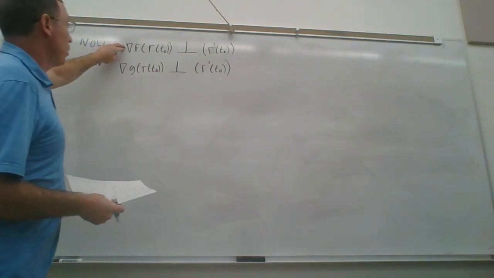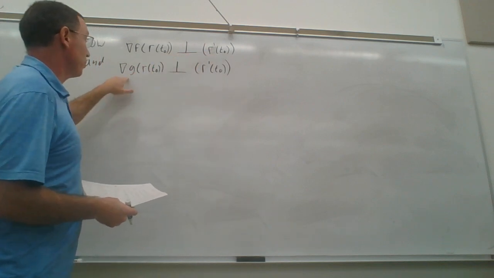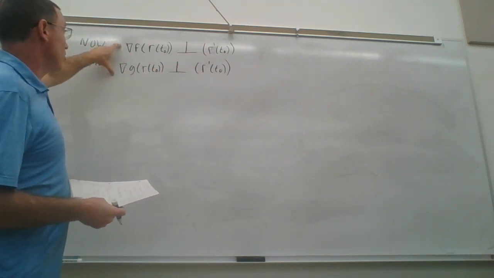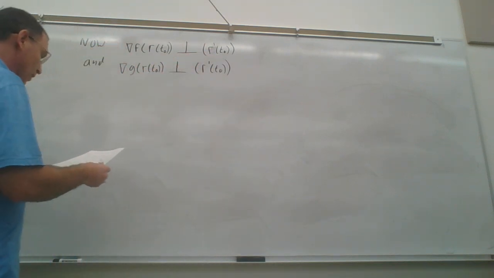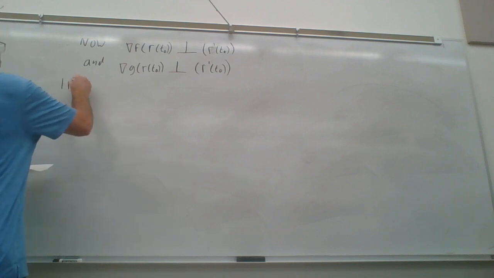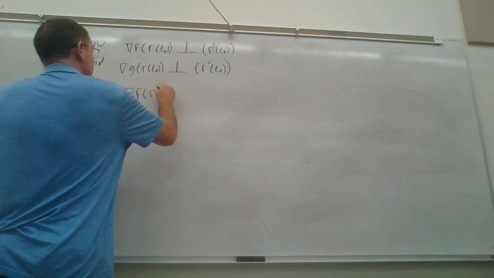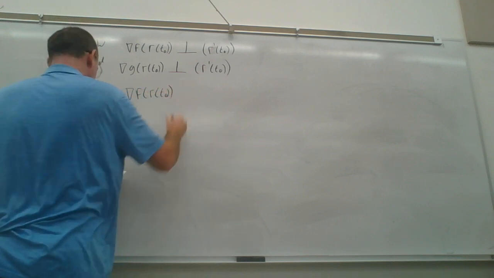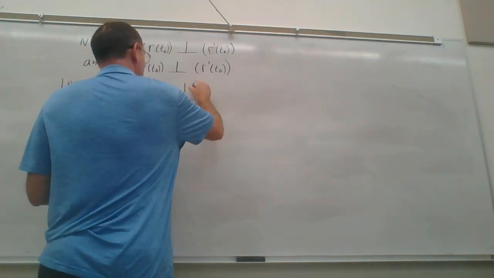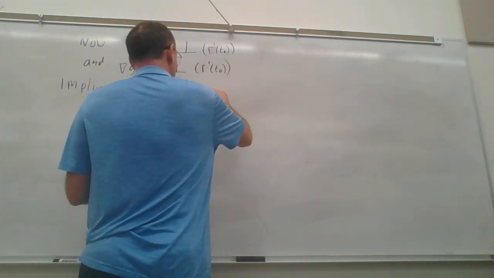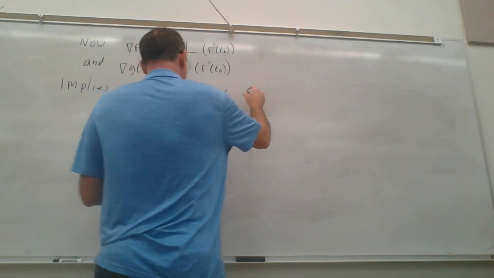So if this guy is perpendicular to this one, and this guy is perpendicular to the same one, these two would have to be parallel. This implies that the gradient of f is parallel to the gradient of g.